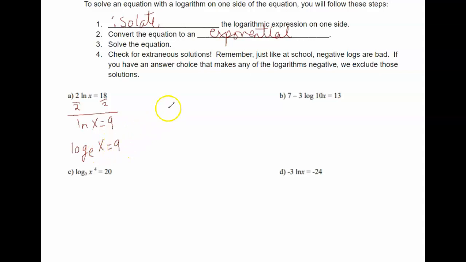And remember, ln of x is the same as log base e. So saying e to the 9th equals x. In other words, x equals 8,130.84.